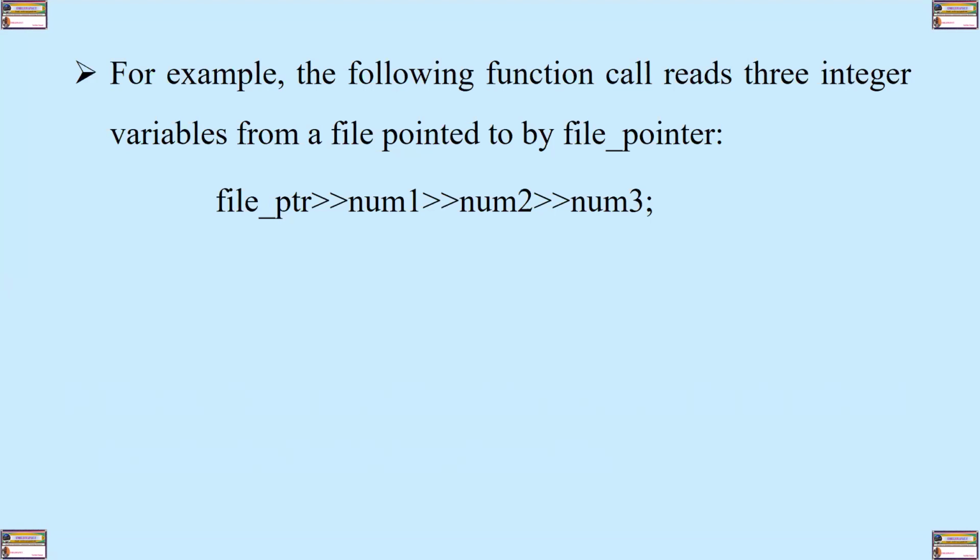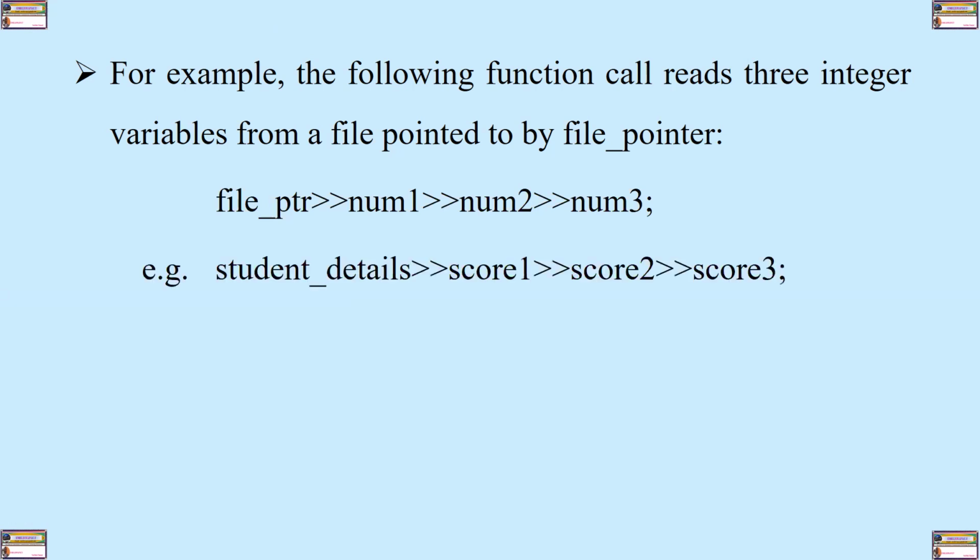For example, if you want to read 3 values from a file that is being pointed to by a file pointer called file ptr, then this statement will be used to read the 3 variables.